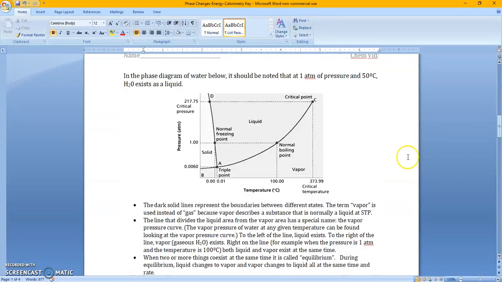Next, we have our phase diagram. On this phase diagram, we see that pressure and temperature both play a key role in whether or not something is a solid, a liquid, or a vapor, or a gas. This is unique to every single substance. This one is water. If I look at 100 degrees Celsius at 1 atm, see how it's lying right on that line?